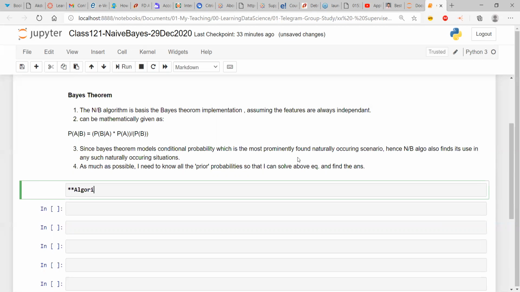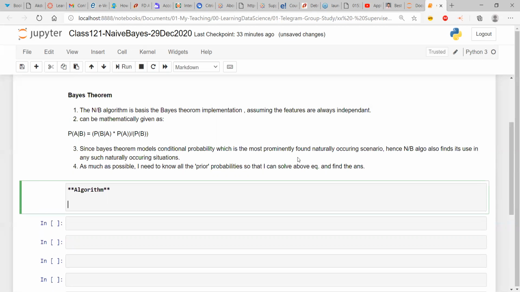The steps followed in the algorithm are such that, first, Naive Bayes will read and understand the classes in the data. This is where it understands whether it is a binary class or a multi-class problem.